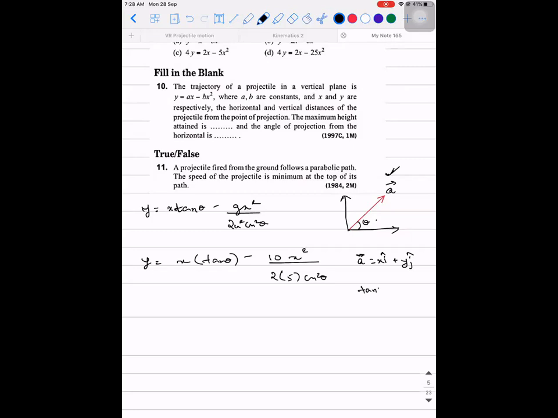The answer is tan theta is always the component of y divided by the component of x, y by x.